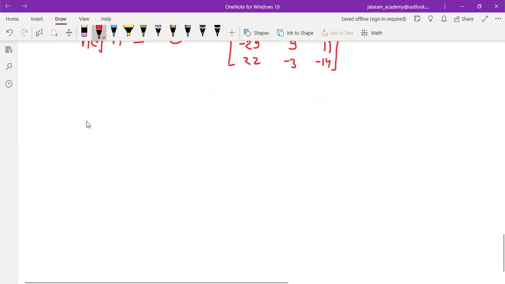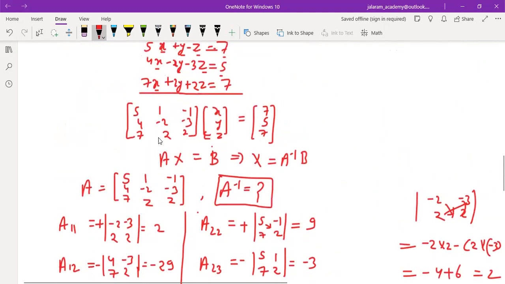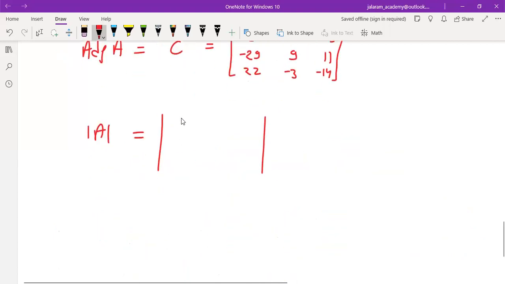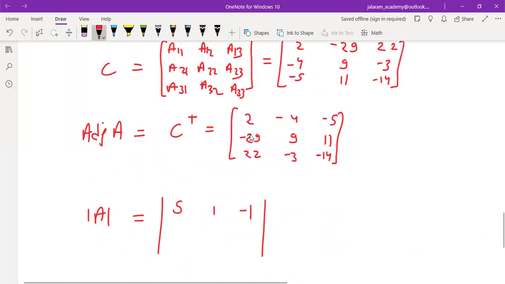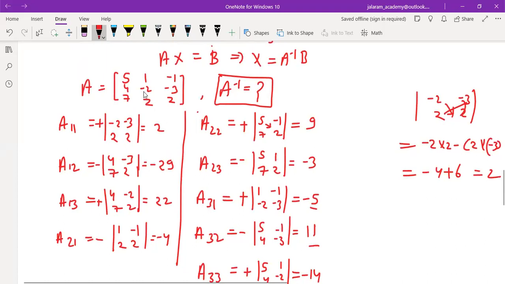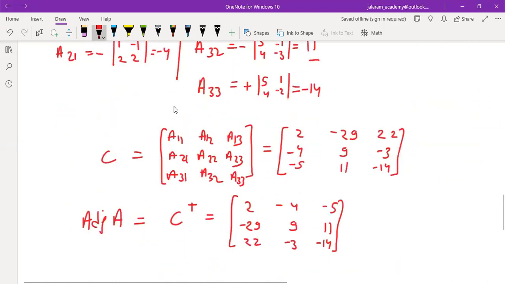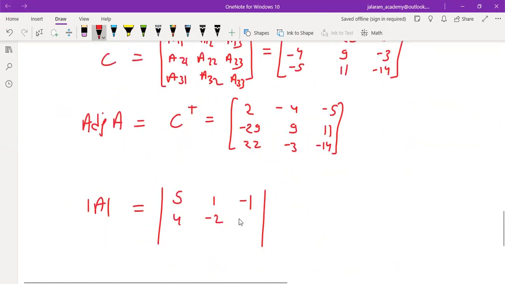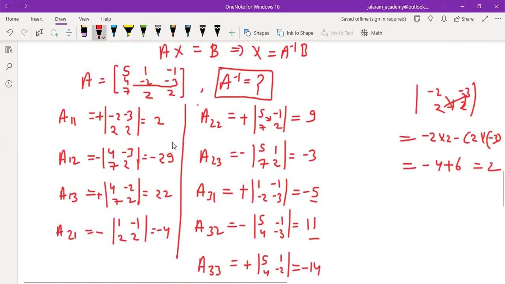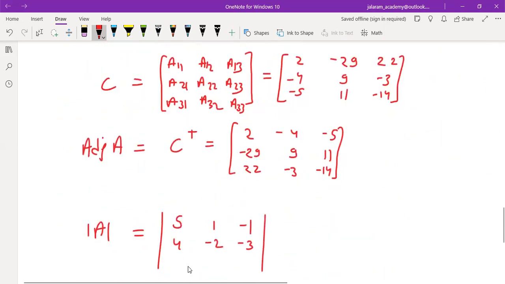Then to find A inverse, we require determinant of A, that is determinant of the matrix formed by the coefficients. The first row is 5, 1, minus 1. Second row is 4, minus 2, minus 3. The third row is 7, 2, 2.